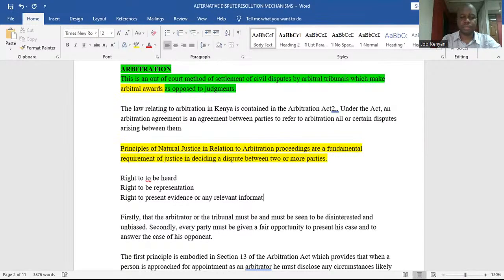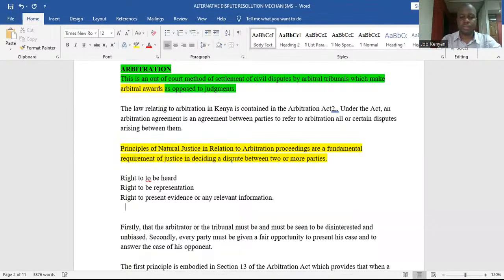Those are just examples. Also the right to seek an adjournment or postponement.